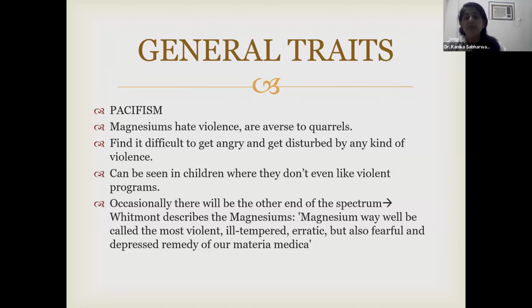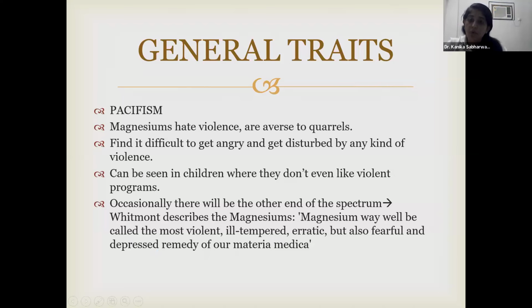However, if you refer to Whitmont and Whittle-Cass's book, they say that occasionally you will find magnesiums at the other end of the spectrum. So Whitmont says magnesium may well be called the most violent, ill-tempered, and erratic remedy, but also fearful and depressed.